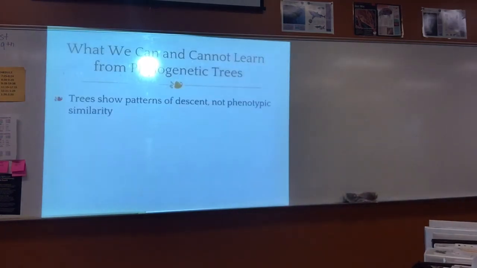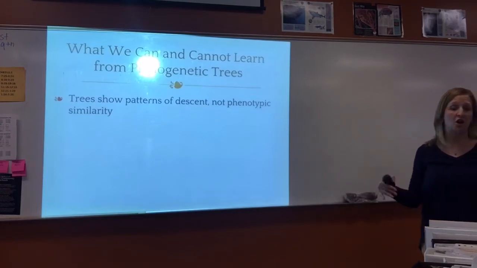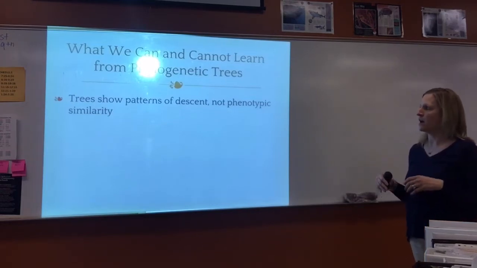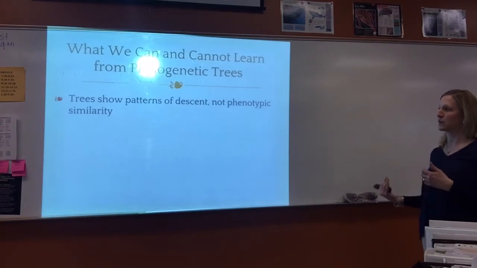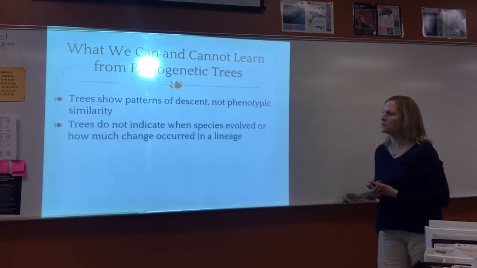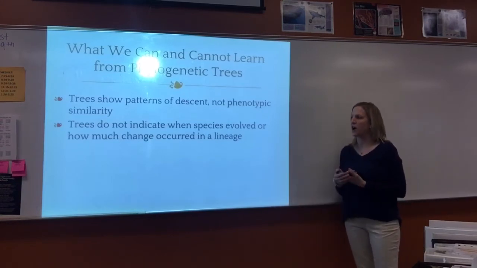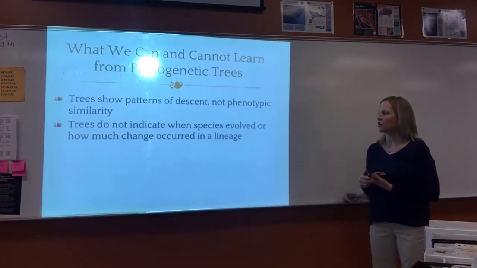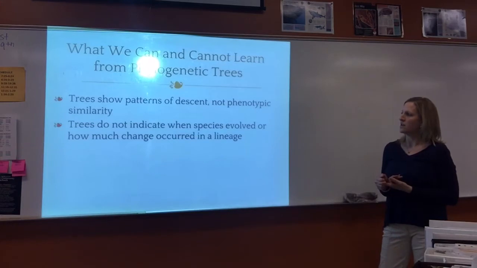So what we can and cannot learn from phylogenetic trees. Trees show patterns of descent, not necessarily phenotypic similarity. Just because organisms don't look alike does not mean that they are not more closely related than organisms that do look alike. Trees do not indicate where species evolved or how much change occurred in a lineage.